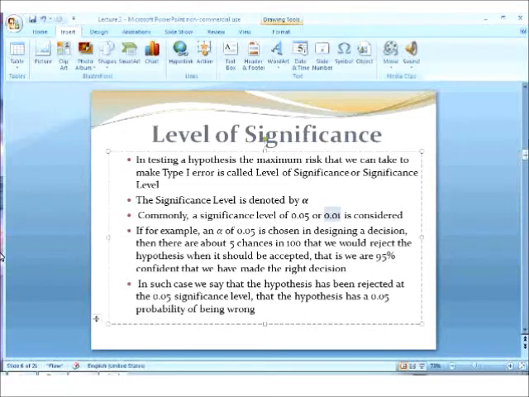Like all the statistics books that I have referred to, all the problems that I have conducted or referred to so far, the most commonly used is 95%. 99% is too good. Like, I'm 99% sure that I'm correct, which means you really have to have control over what you are doing.